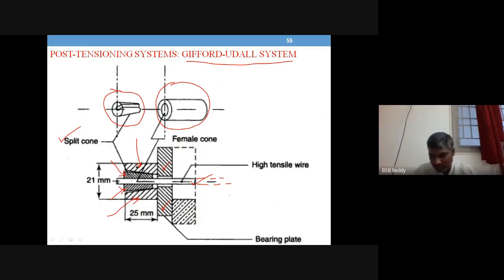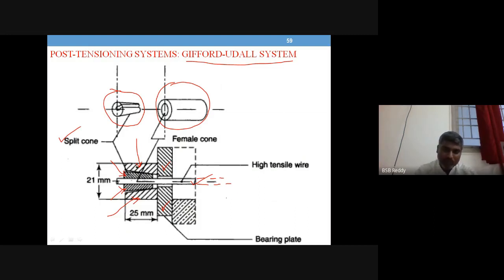So only one wire can be held at a time, tensioned separately by holding it, and anchored by forcing a sleeve wedge into a cylindrical grip resting against the bearing plate.